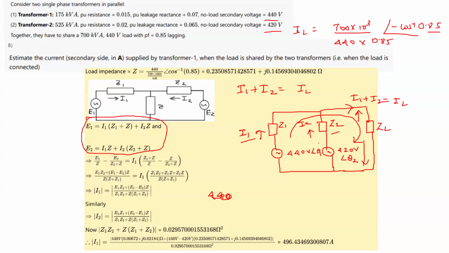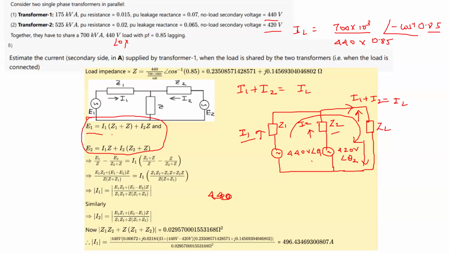Here they are writing one KVL loop. They're using the KVLs, not the KCLs, because in that way we are not assuming this as 440 angle 0. We are assuming that there can be something else, but it is not exactly 440 angle 0. So that gives us some flexibility. We can write the KVL in two loops.